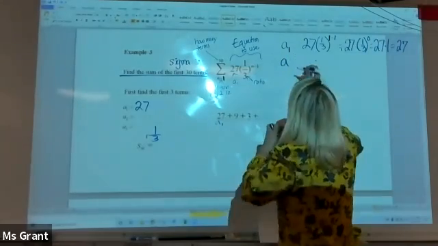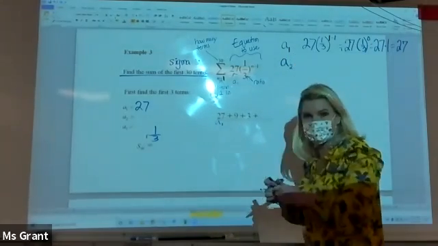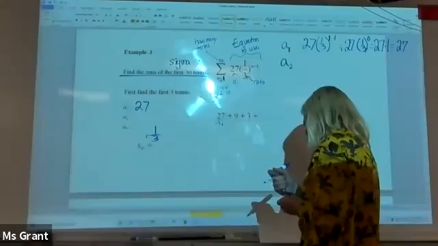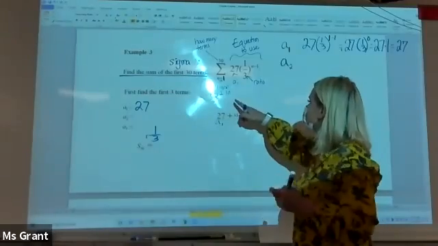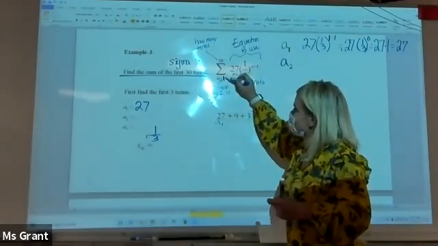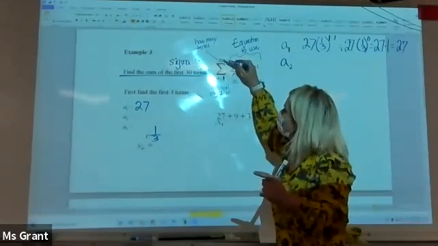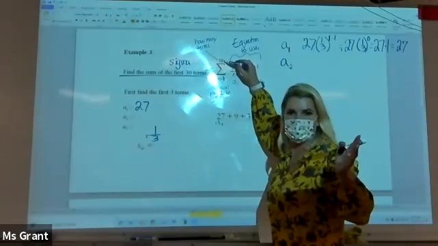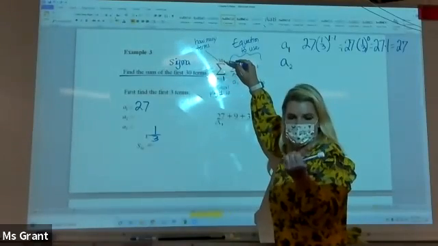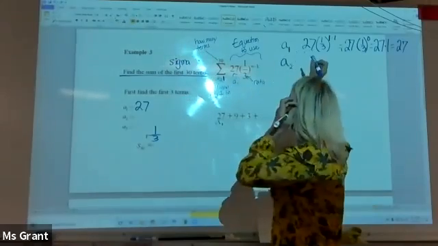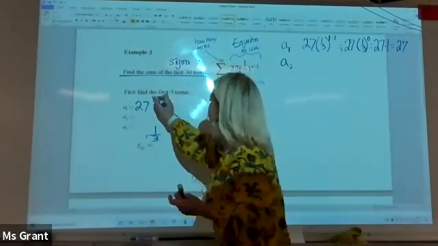Plugging in, now I continue on, and I'm gonna have to do this 30 times because it says plug in 1, but I need to know 30 digits, and I'm gonna add up 30 digits of this list. I'm only gonna find the first 3 terms.